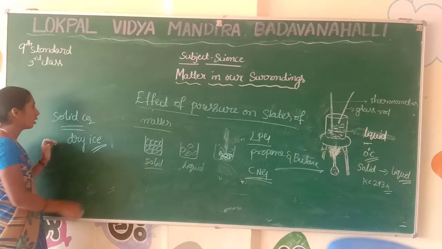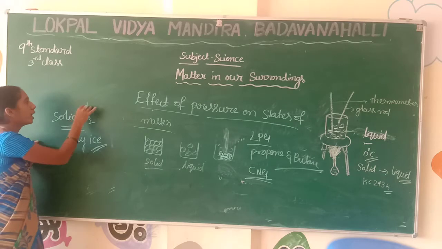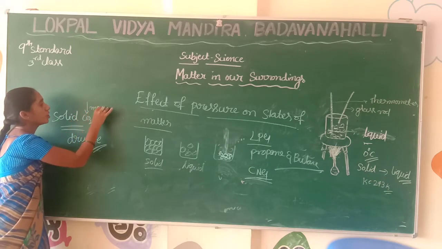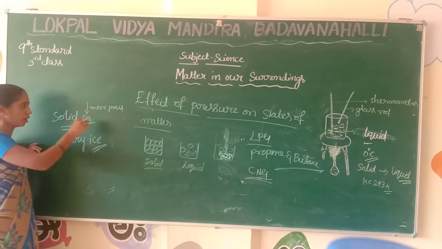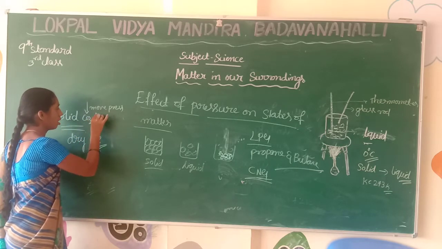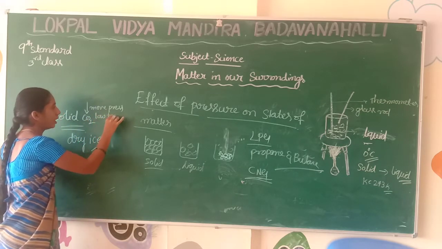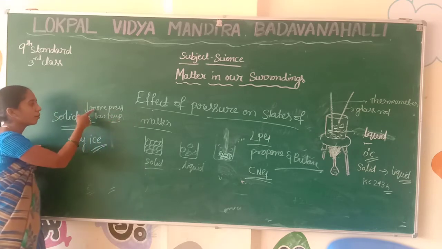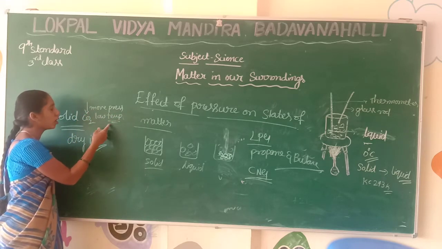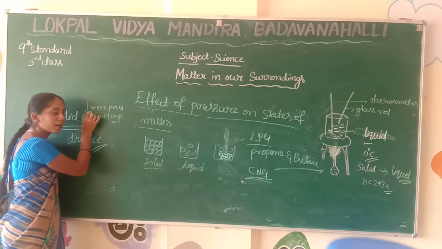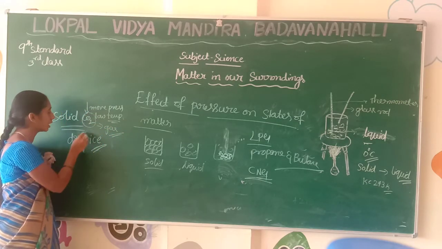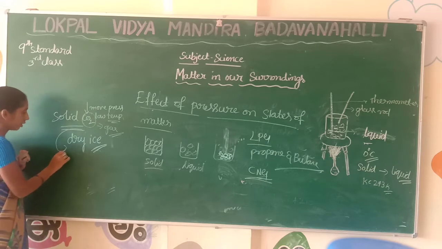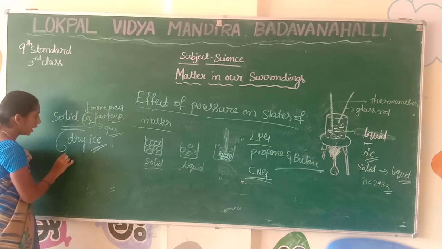Here, when we apply more pressure at low temperature, the gaseous form of carbon dioxide gets converted into the dry ice form.